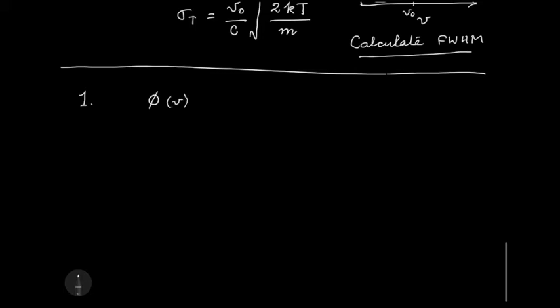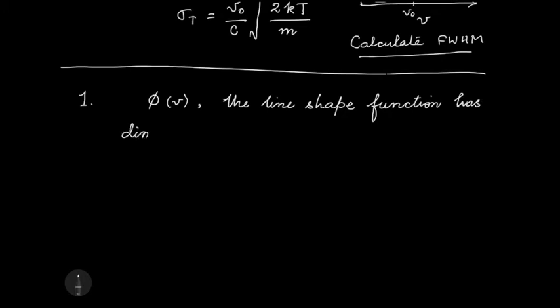So let me write those down. Number one, whatever be the reason, the line shape function has dimension of 1 by nu.